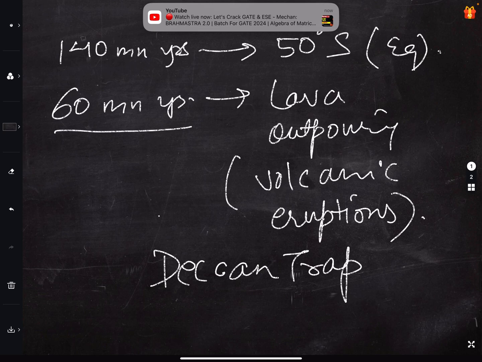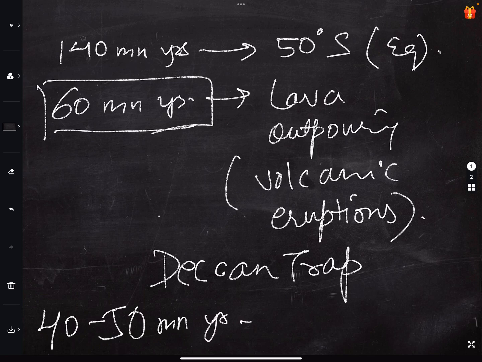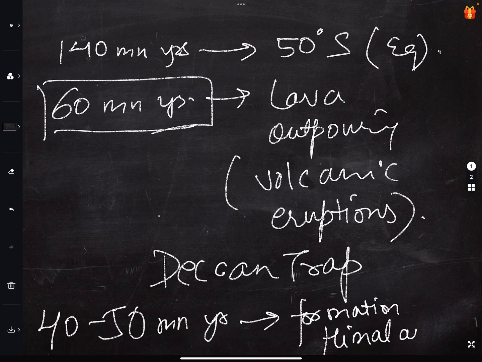Some 40 to 50 million years ago, when the Indian and Australian plate started to converge, there was formation of young fold mountains, that is the Himalayas.